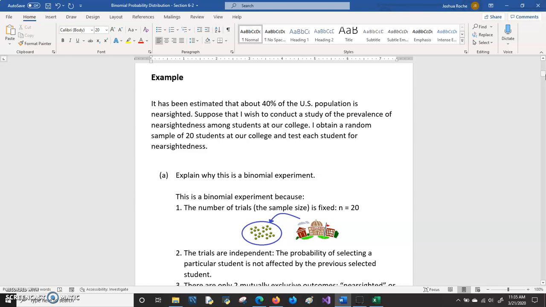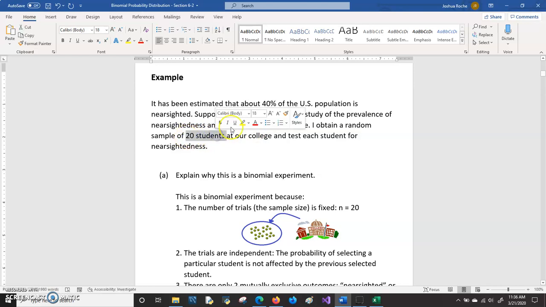So the example is that it's been estimated that 40% of the U.S. population is nearsighted. Suppose that I wish to conduct a study of the prevalence of nearsightedness among students at our college. I obtain a random sample of 20 students at our college and test each student for nearsightedness.